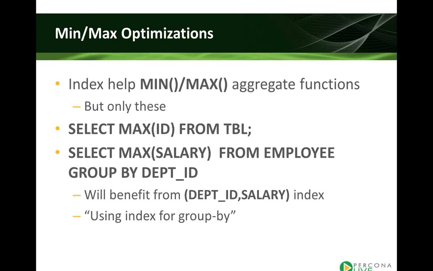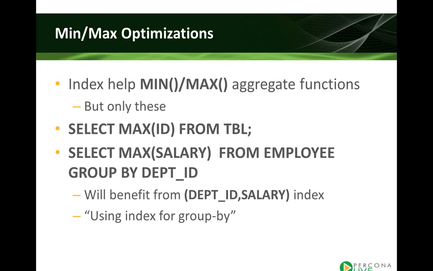When we speak about special optimizations, the most important one here is optimization for aggregate functions, namely MIN and MAX optimizations. If you have an index on ID, and you do MAX ID or MIN ID from the table, then that can be retrieved very effectively without doing a full table scan.